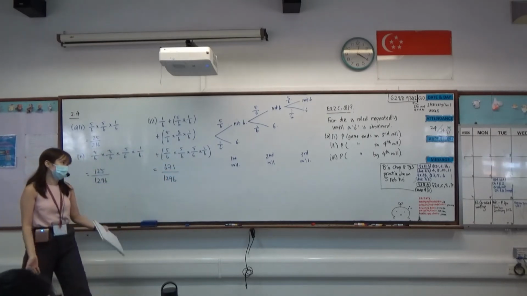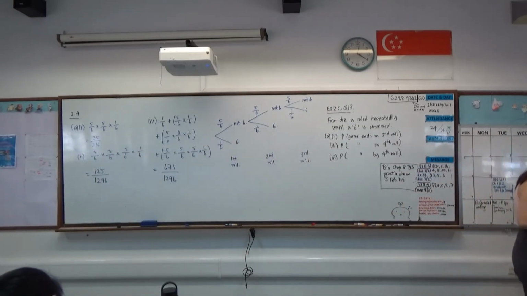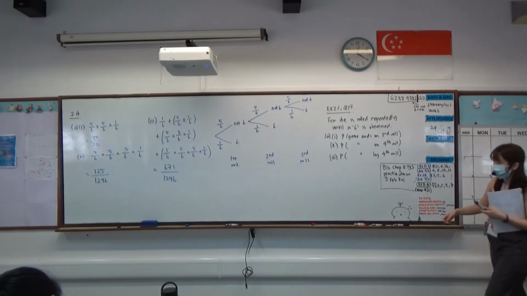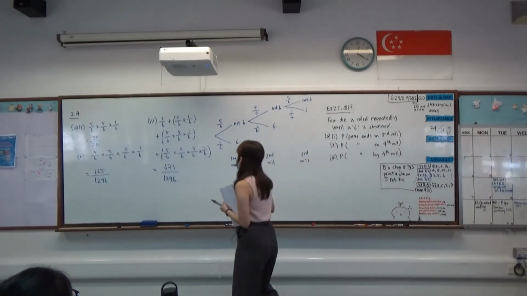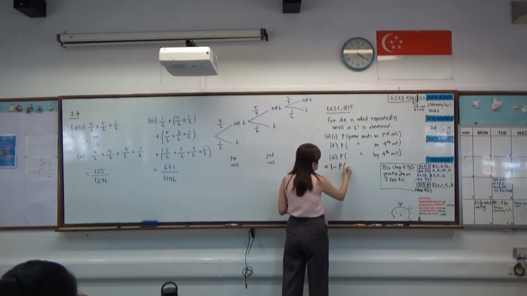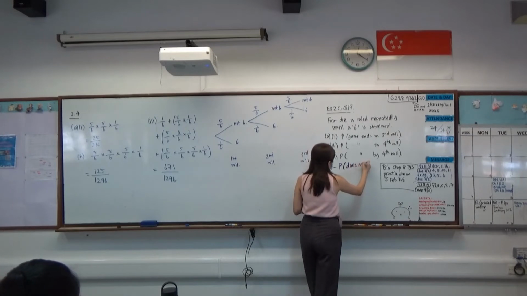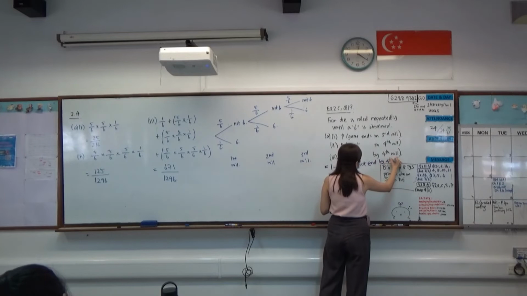Is there an alternative to answering this question? Yes, Dylan. Yes, very good. So another way that you can say is 1 minus probability that it does not end by the fourth row.